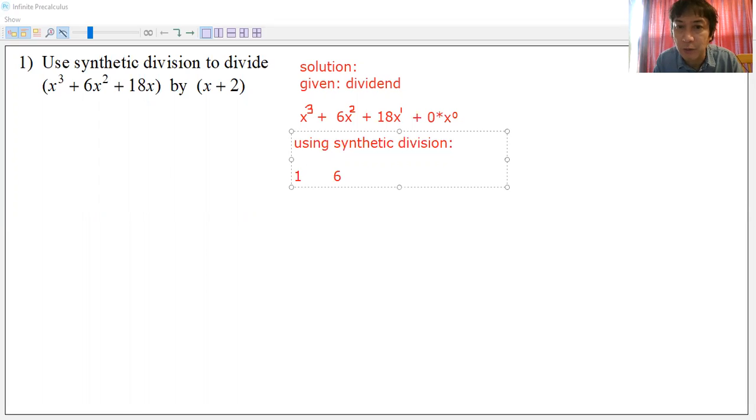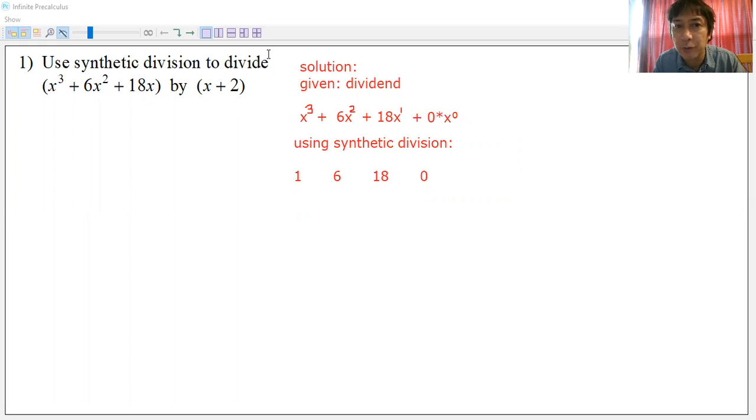The coefficient of the x to the 1 is positive 18. The coefficient of x to the 0, of course, is 0. Next, we will be using a trial divisor. That will come from the divisor, actually, which is the x plus 2.